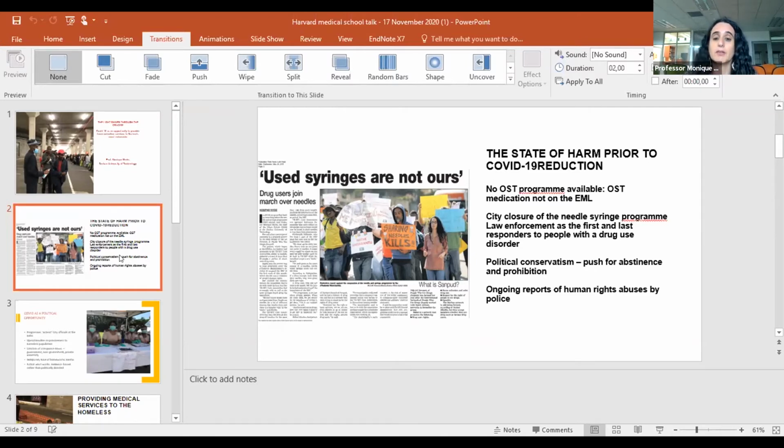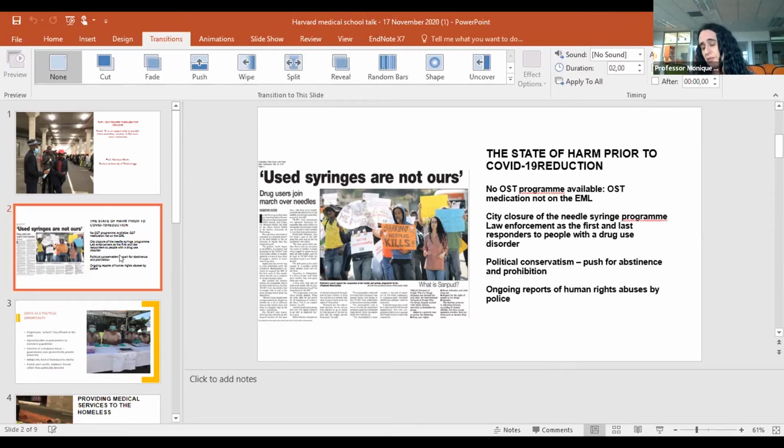Law enforcement was seen as the first and the last responders to people who use drugs. And of course, prison was seen as the place of care, if you want to call it that, rather than any form of medical treatment or any form of evidence-based treatment as recommended by, for example, the World Health Organization.